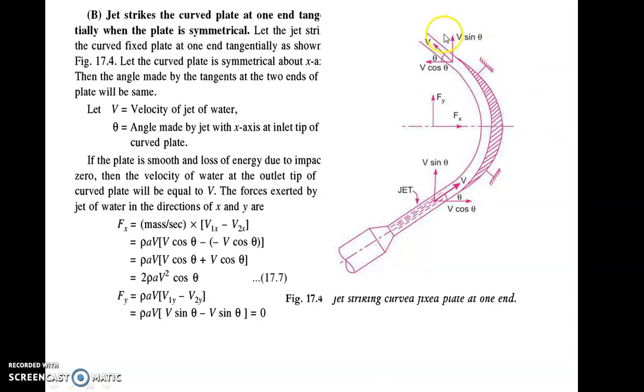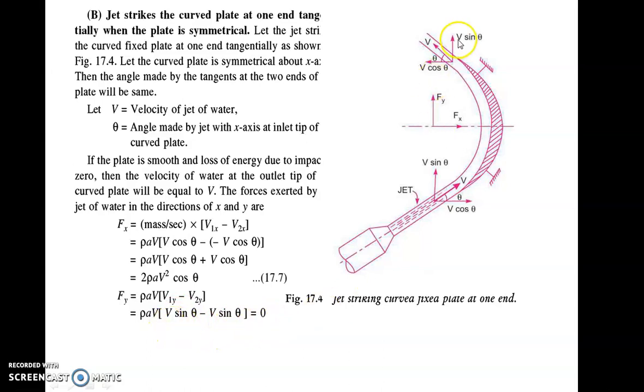What about y direction? Now in y direction, this is very important. For y direction, before striking it is V sin theta in y direction, and after striking also it is V sin theta. So when you take before striking V sin theta and minus after striking V sin theta, both are in the same direction, so they will cancel each other.